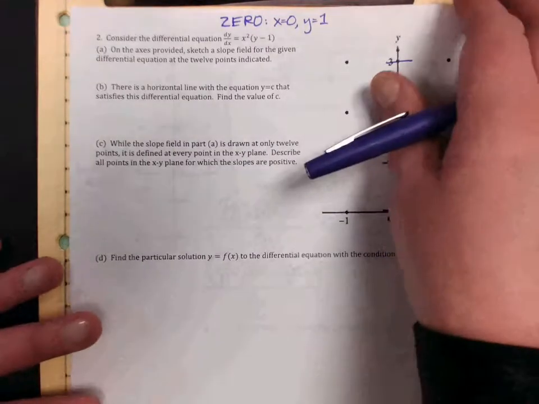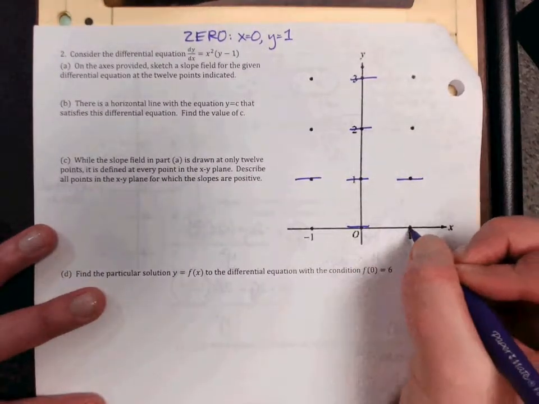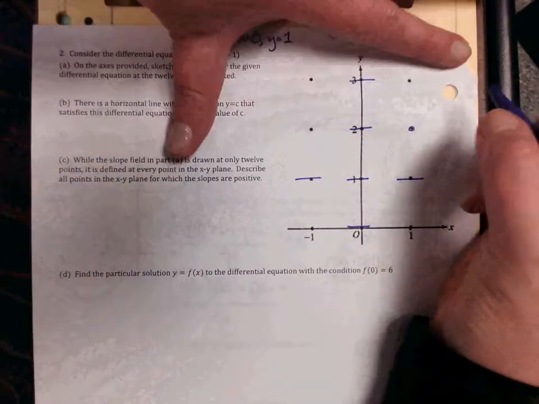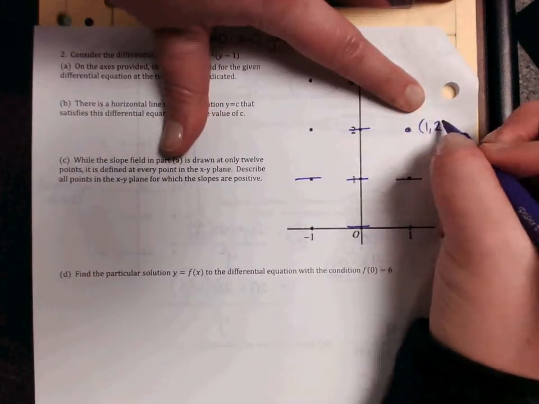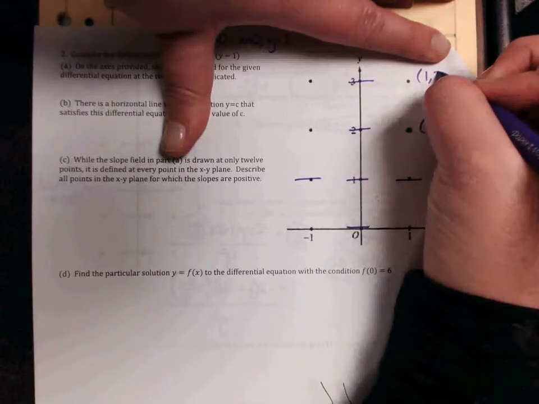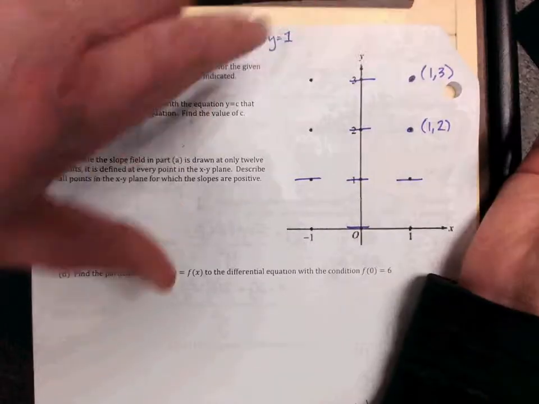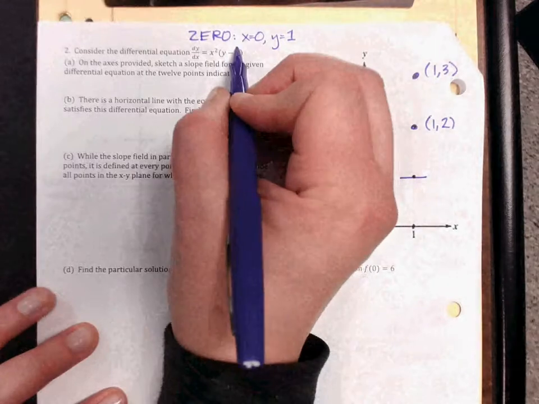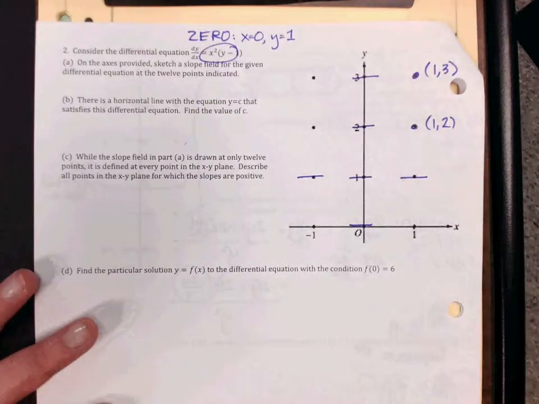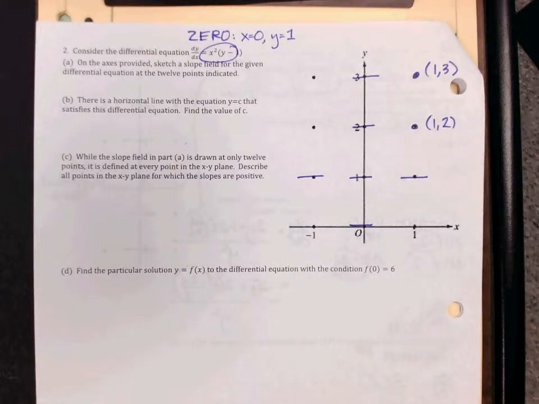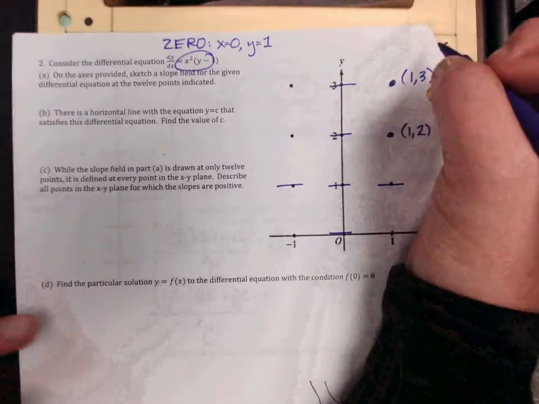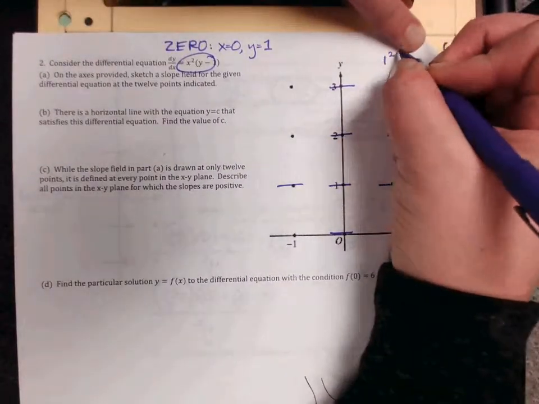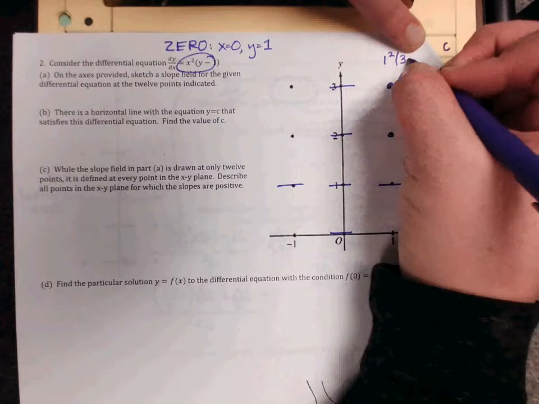So for example, if I'm doing this one here, this is (1, 2), and this is (1, 3). All that I would have to do is plug into this equation right here and then write a slope that approximates that steepness. So if I was doing this one, it'd be 1 squared times my y, which is 3, minus 1.